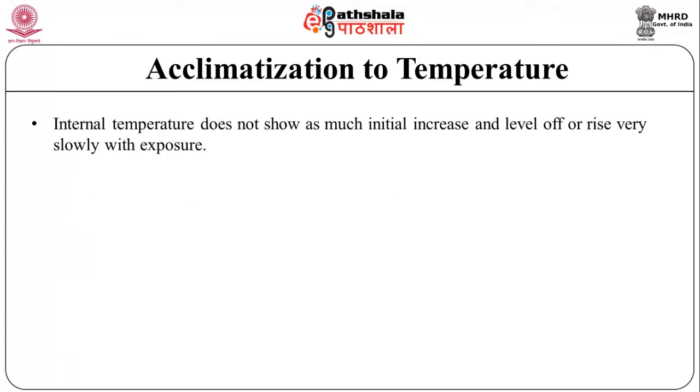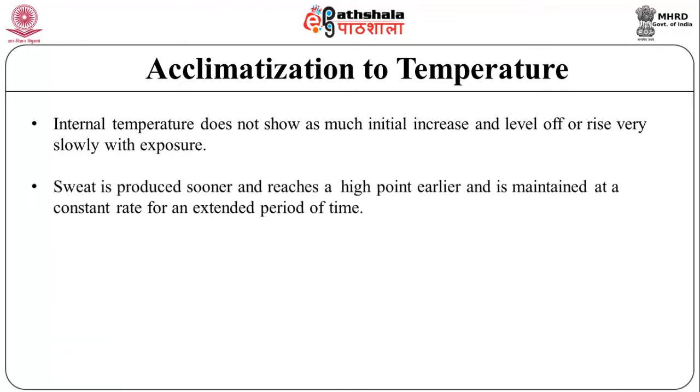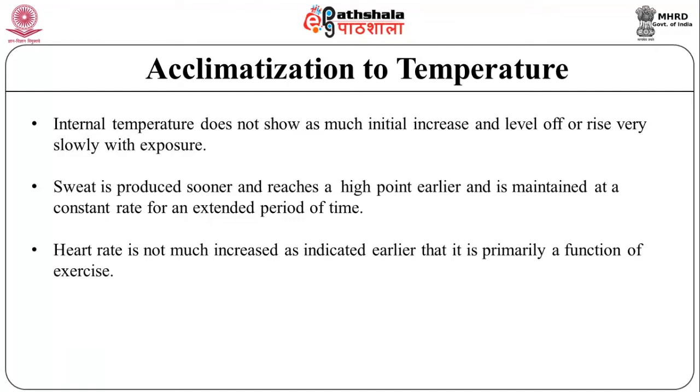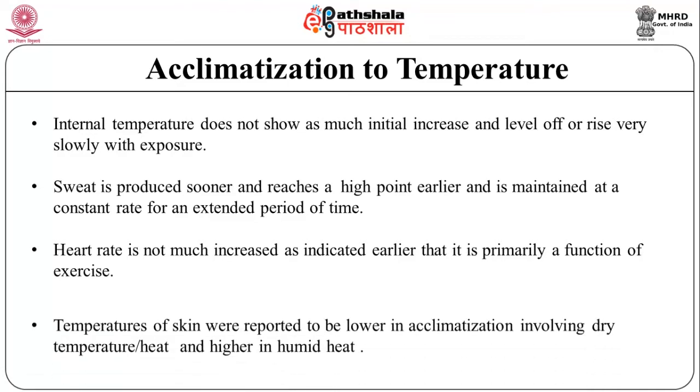Internal temperature does not show as much initial increase and levels off or rises very slowly with the exposure. Sweat is produced sooner, reaches a high point earlier, and is maintained at a constant rate for an extended period of time. Heart rate is not much increased; as indicated earlier, that is primarily a function of exercise.